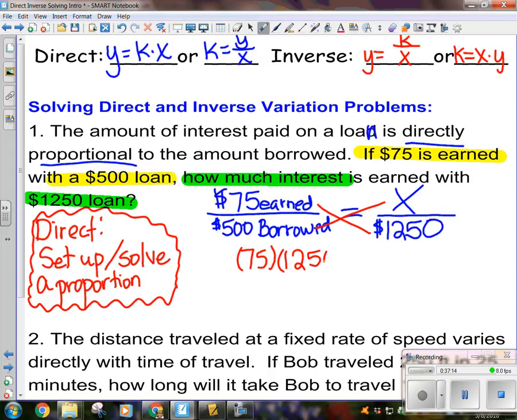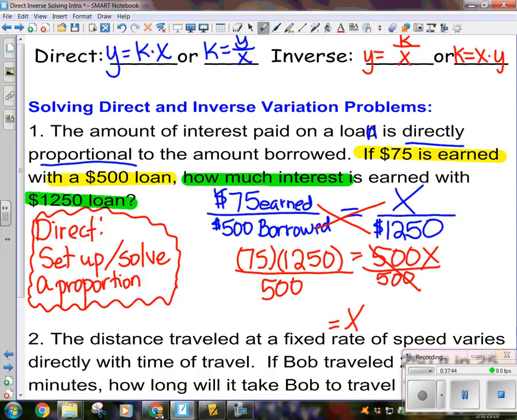There you go. That's equal to what? 500 times X. Now, I don't want you to stop yet and put that in your calculator because I'm not finished. How do I get X by itself? It's 500 times X. I'm going to divide by 500. Divide by 500. Now pick your calculator up, multiply and divide one time, and this is going to be your answer.